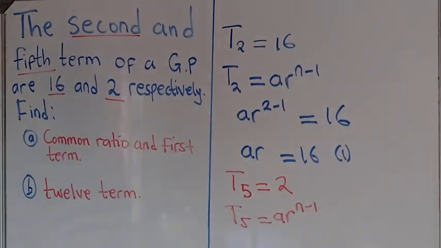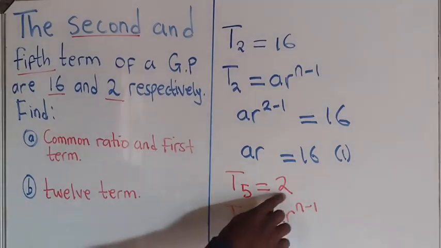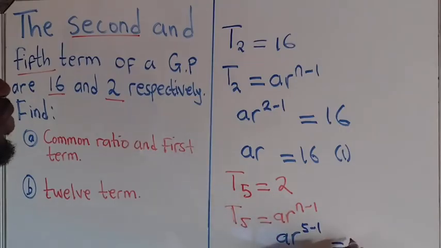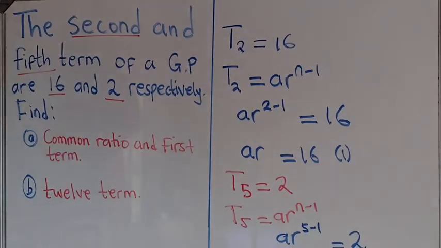This is the general formula we use when finding a term in a GP. Where there is n, we put the position of the term, which is 5, because we are talking about the fifth term. Where there is term 5, we put 2. So this will give us ar^(5-1) is equal to 2. I do hope that you are following.